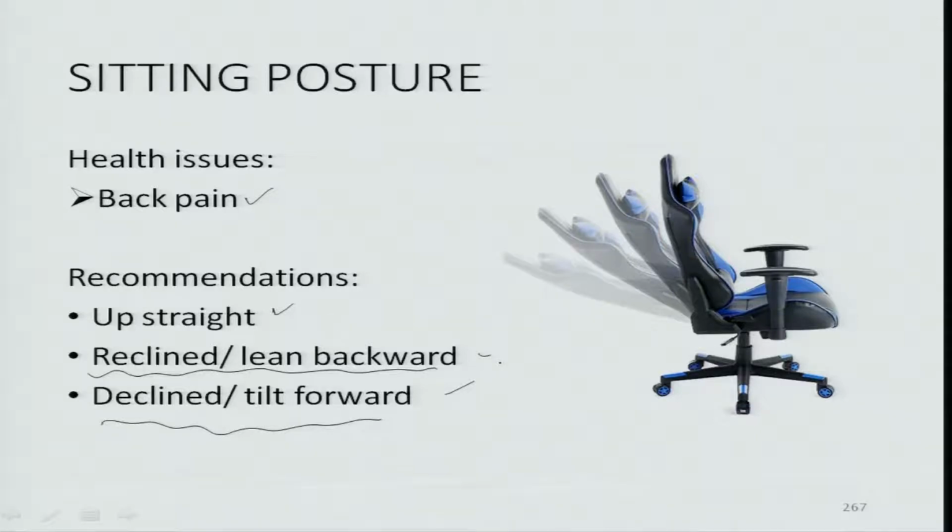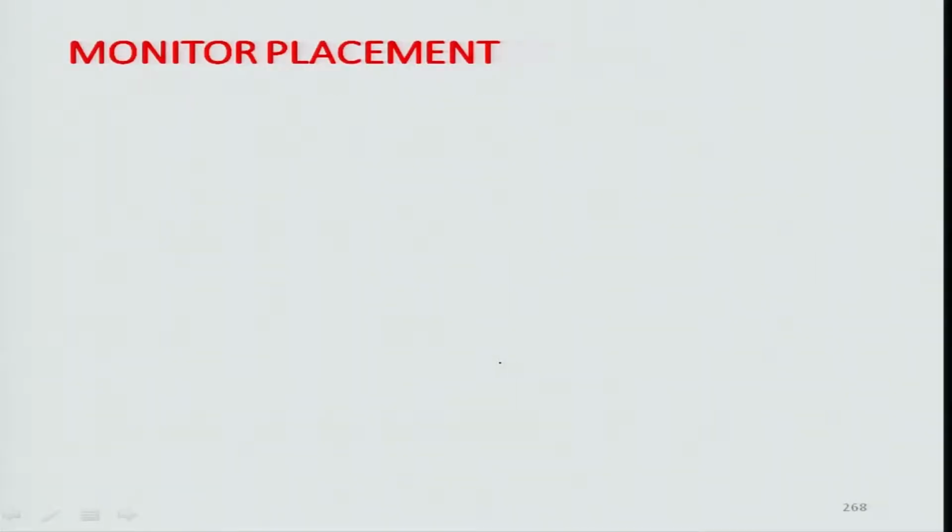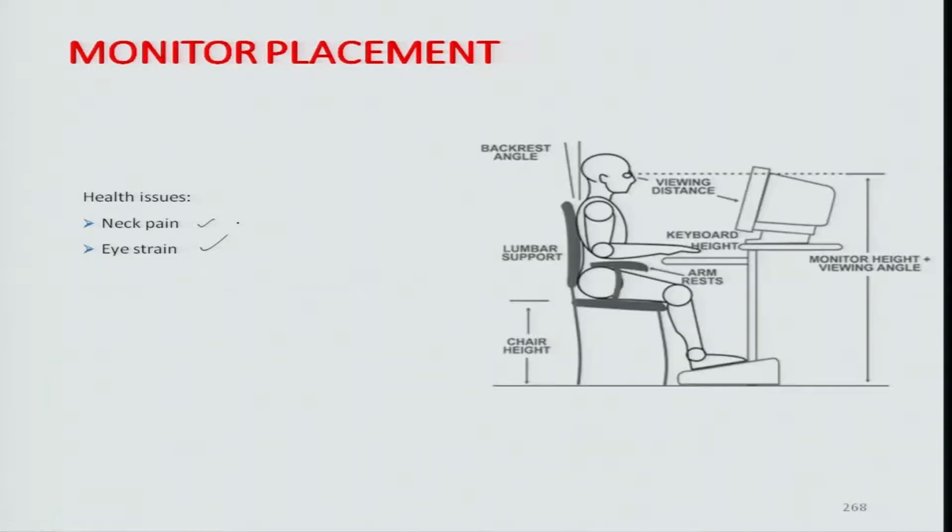When we talk about the placement of the monitor, particularly the computer workstation monitor, there are certain health issues related to that. The major two are neck pain and eye strain, and again there are guidelines or recommendations in terms of what the viewing angle and viewing distance should be.